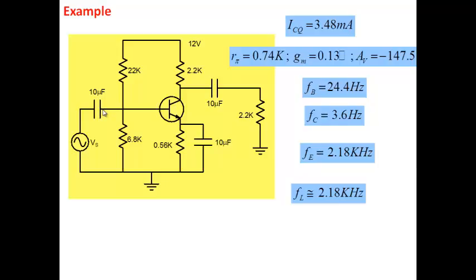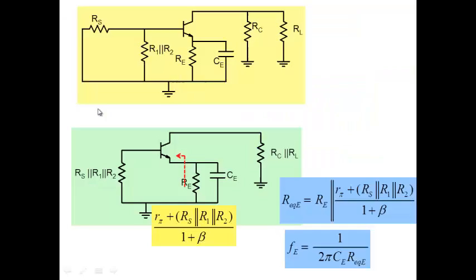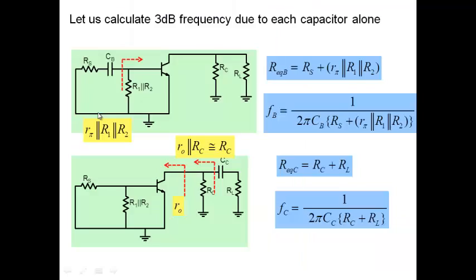I know my 3 dB frequency is 200 hertz. Now, how should I choose my capacitor here? Well, what is the 3 dB frequency due to this capacitor? We have an expression, right? Let's go back to that one. FB is due to this, and I'm saying my 3 dB frequency should be 200 hertz.